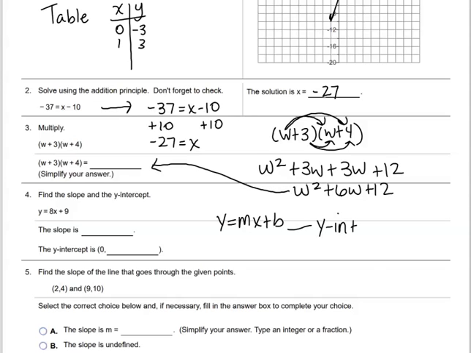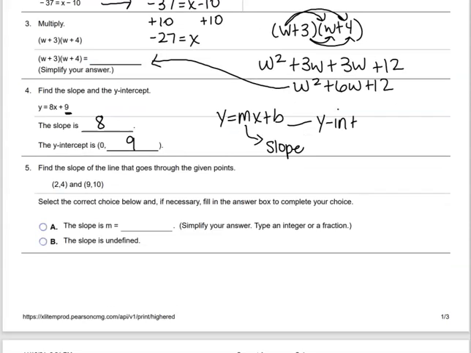It's the constant term that's kind of out by itself. So in this one, that would be the 9. M, which is the coefficient, the number in front of the x, is going to be your slope. In our case, the coefficient is just 8. So the slope would be 8, and the y-intercept would be 0.9.